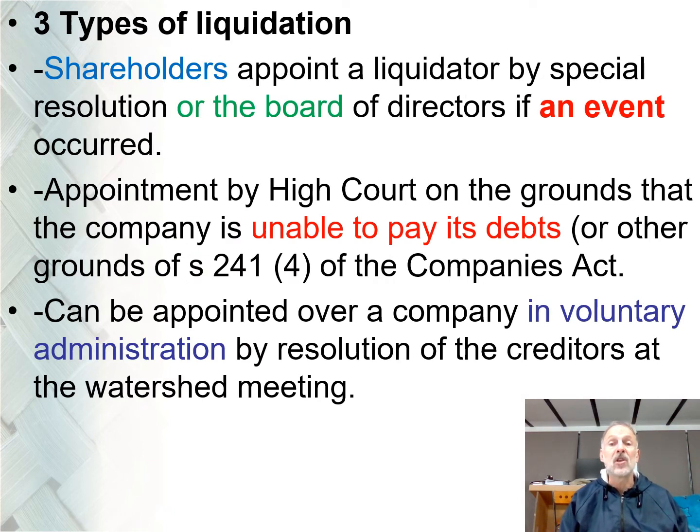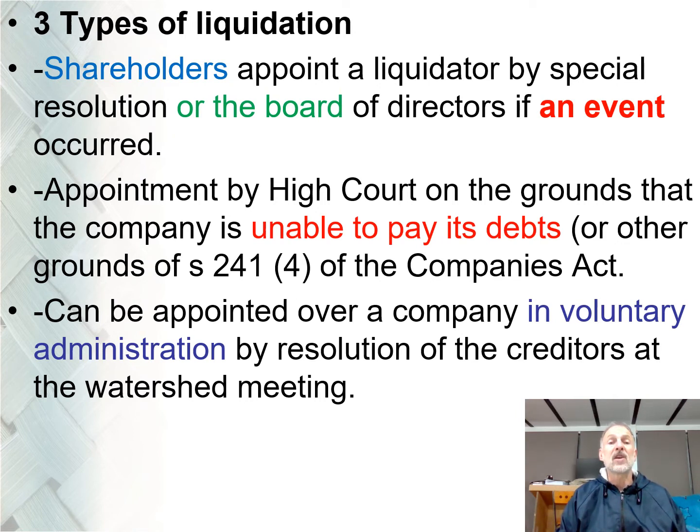Shareholders can appoint a liquidator by special resolution, or the board of directors if an event occurred. There can also be an appointment by the High Court on grounds that the company is unable to pay its debts, or other grounds of Section 241(4) of the Companies Act.